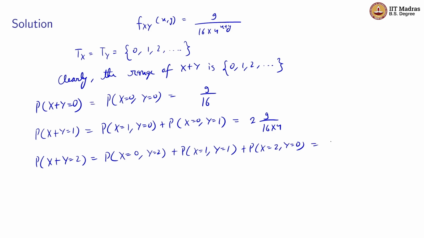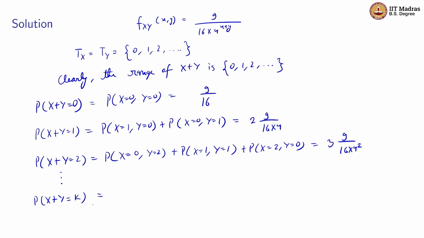So this is equal to 3 into 9 by 16 into 4 raised to the power 2. So now let us generalize this for probability x plus y is equal to k.